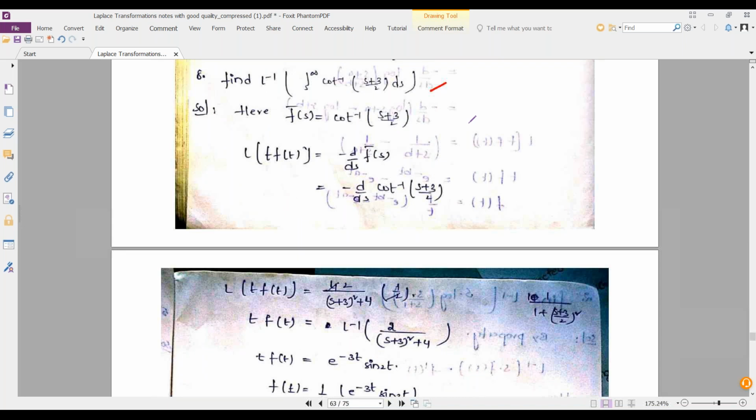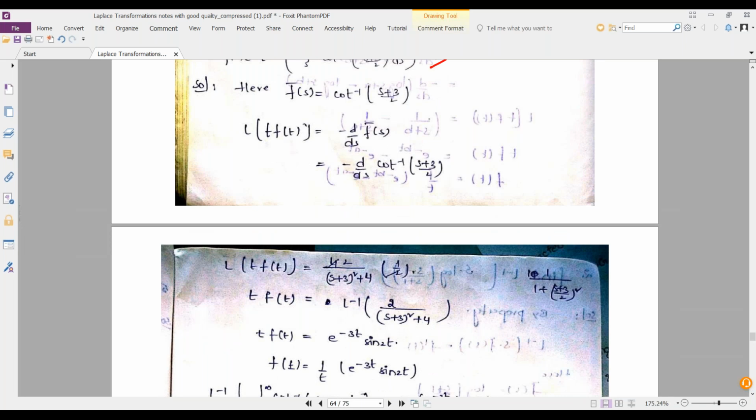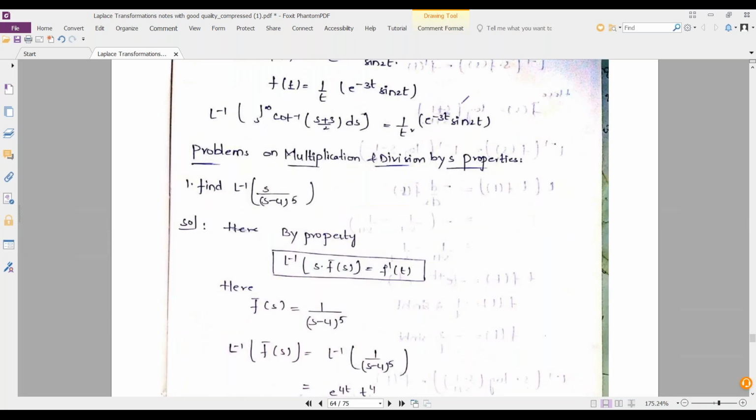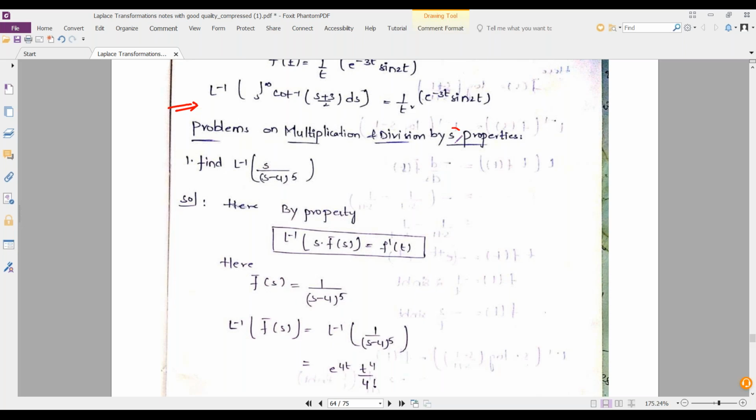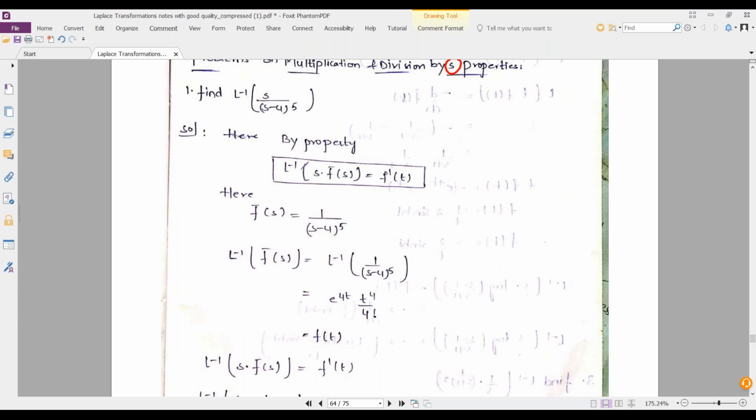So the next concept: multiplication and division by s properties. As we know, the numerator s is there, because of 1 by (s plus a) whole power n, which can be written as n or n plus 1; better you take it as n plus 1. First, to eliminate this a, using the L inverse I can write e power minus at.